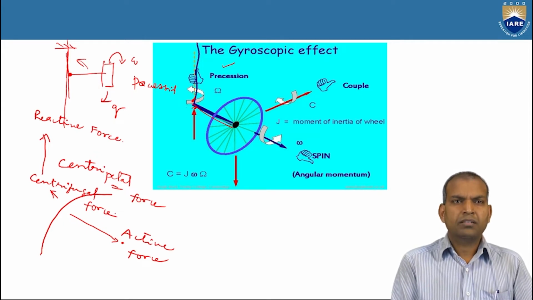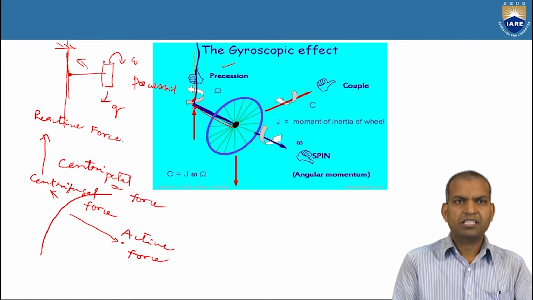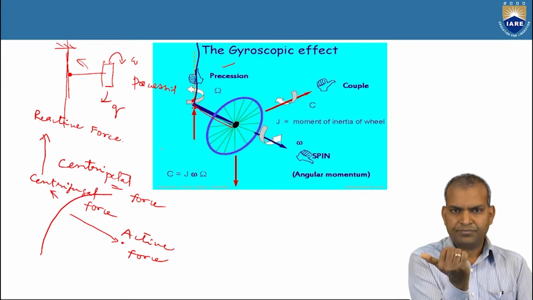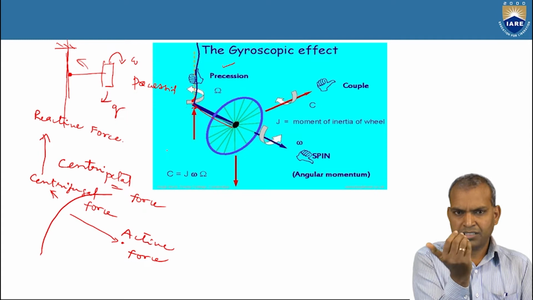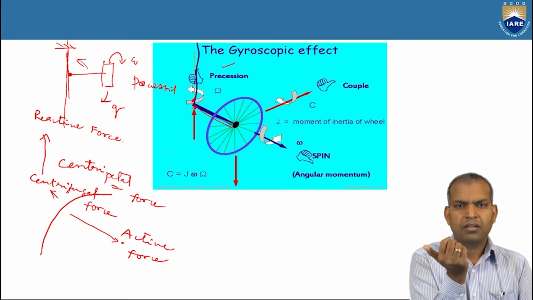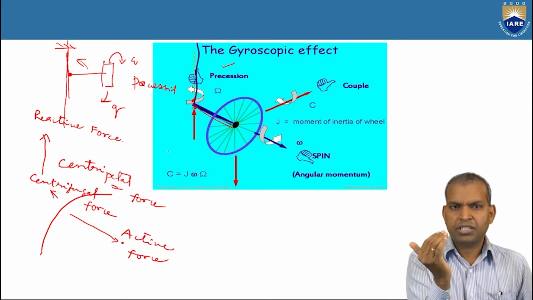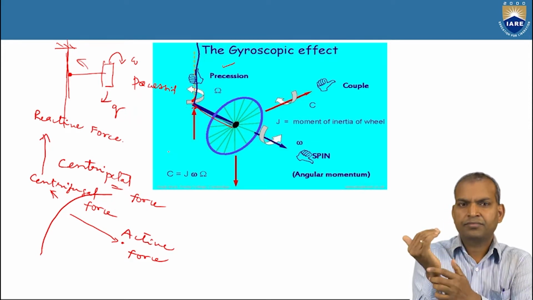Now, by using the right-hand rule, how can we know the vector of angular momentum? Take your right hand and fold your fingers in the direction of rotation of the wheel.